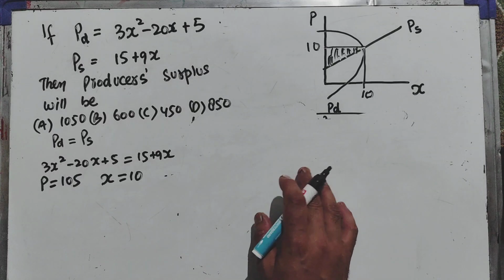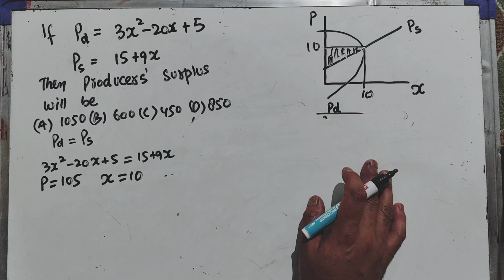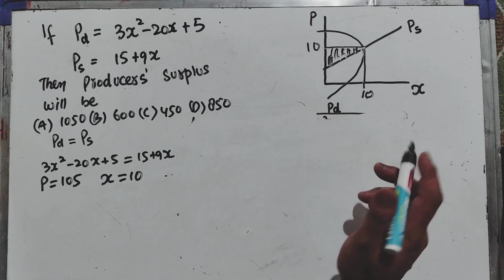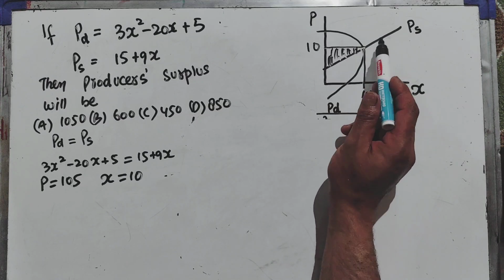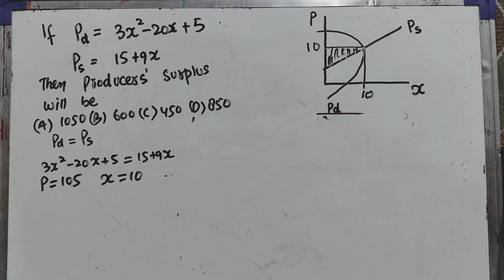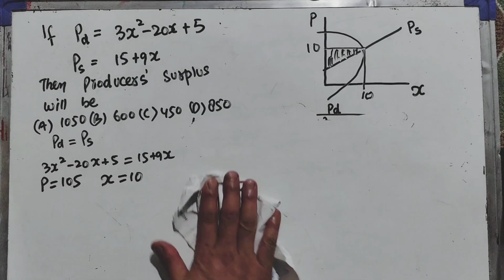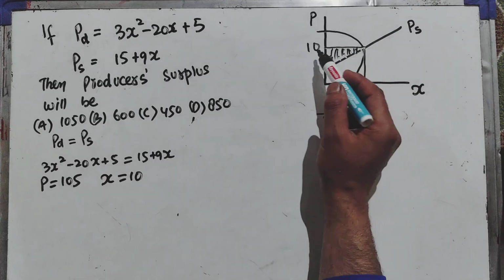Let me see if I have done it correctly. Okay, that's correct. The area above the supply function or supply curve and below the equilibrium price gives us the producer surplus. Graphically, we need to find the area of this very region.